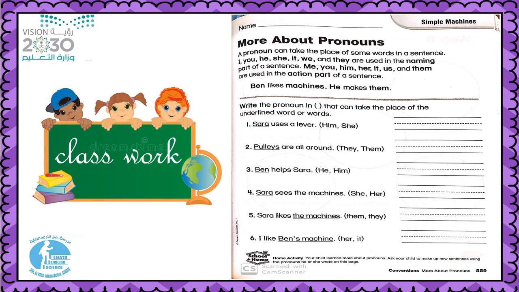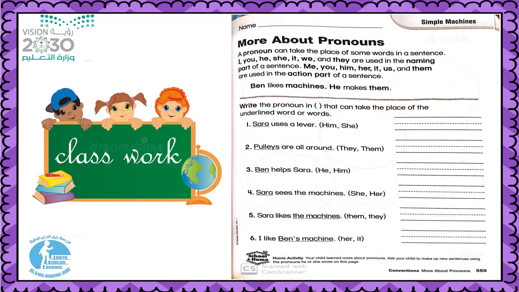Number 4. Sarah sees the machines. There's a line under Sarah. Sarah is in the naming part of the sentence. It's in the subject part in the beginning of the sentence. Do we say she sees the machines or her sees the machines? Of course she. We start the sentence with she and not with her.